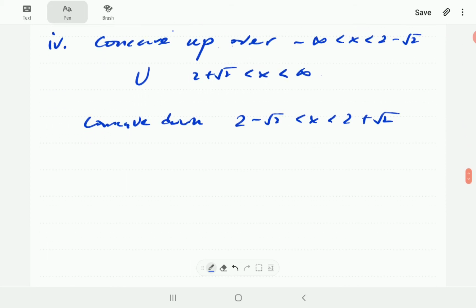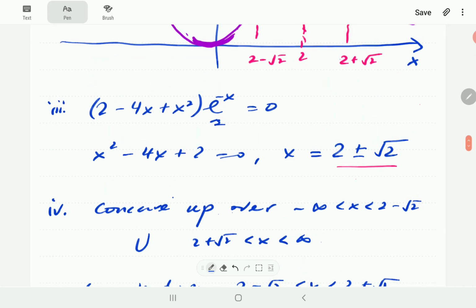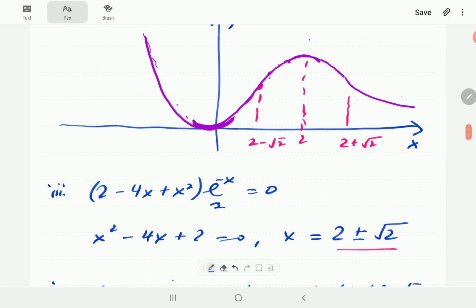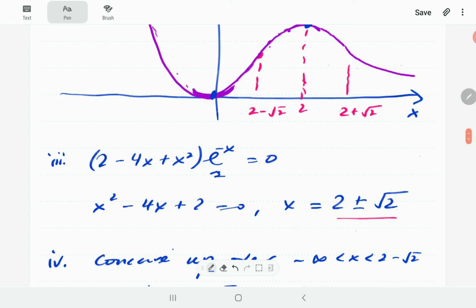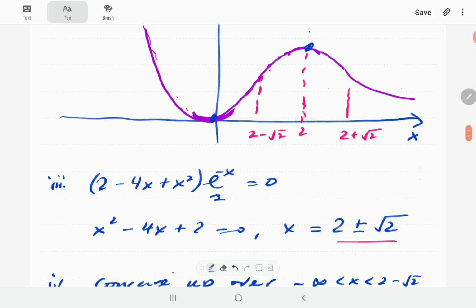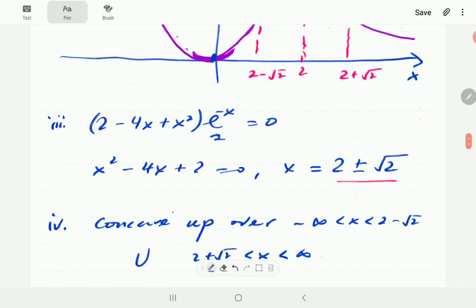And then the areas of increase and decrease, those ones are separated by the stationary points. We've got one here, got another one there. So on the left hand side of the origin, the graph is decreasing. On the right hand side of 2, the graph is decreasing as well.